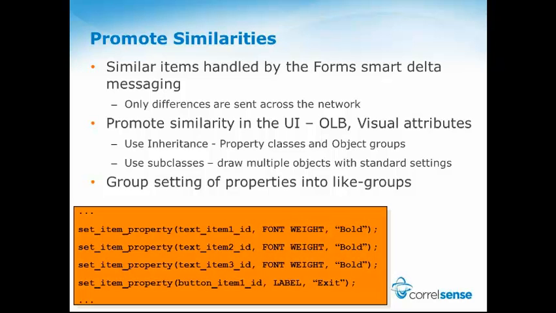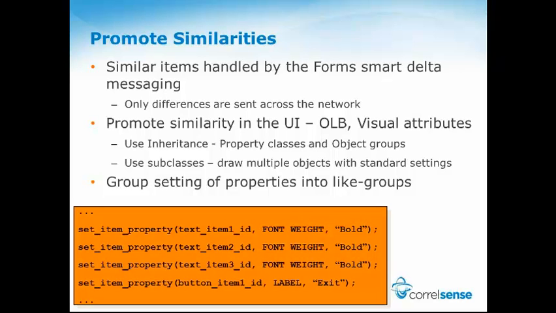So by us promoting similarity, by having similar items, the forms are able to just send delta messages over the network on the properties in the property palette that are different between the items, and most of the time for things like buttons, it'll be just the title. Most of the time for text items, it'll be just the titles themselves. So for us, if we have been working with these standard object libraries and templates, we're actually benefiting a lot from the way Oracle Forms works in terms of metadata.